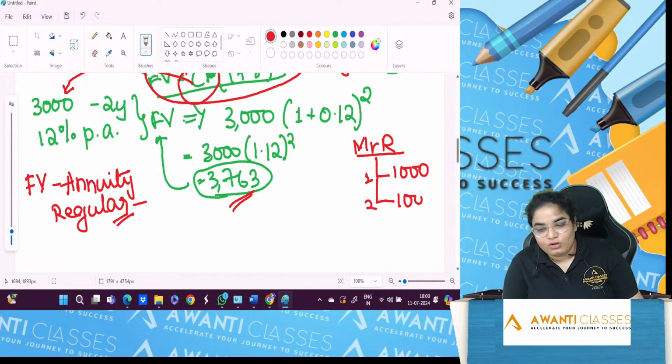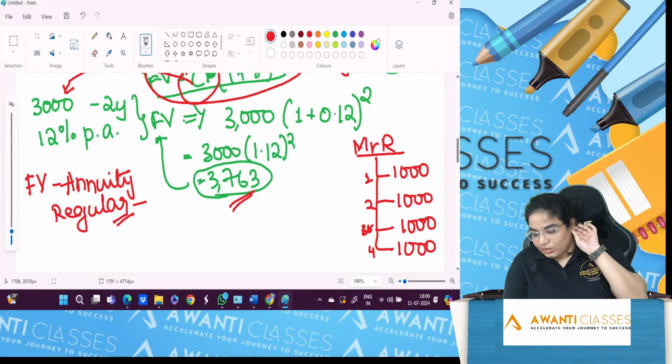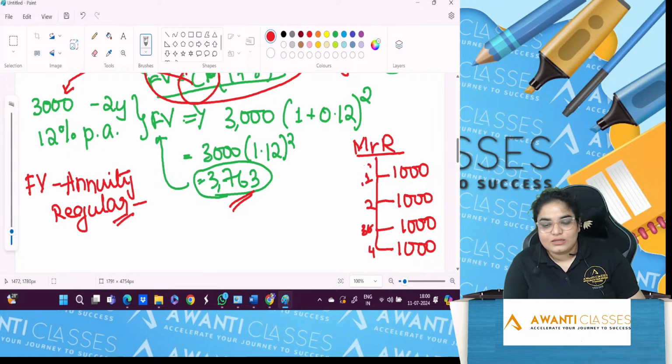Second month ending also he paid 1000 into the bank. He deposited into the bank for saving. Similarly, third month ending also he gave that much to his bank. Okay, he made a separate account for saving only. Okay, he is doing this. This is a monthly annuity, correct? Monthly annuity regular.